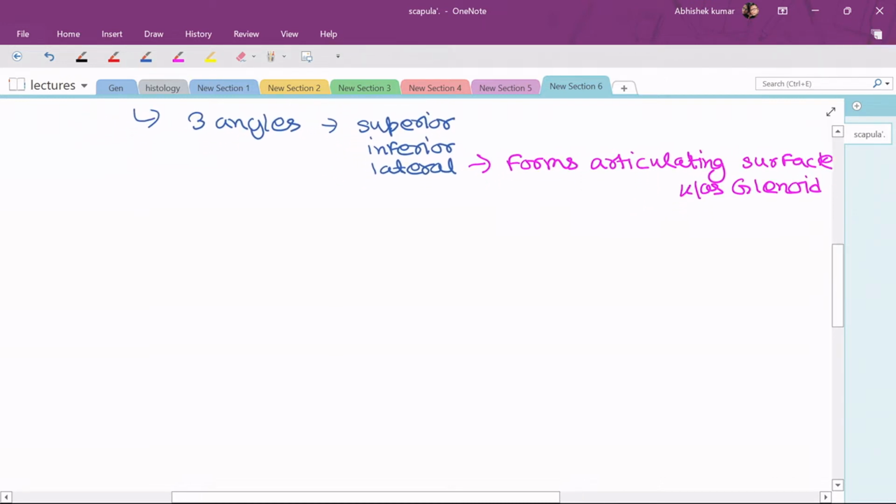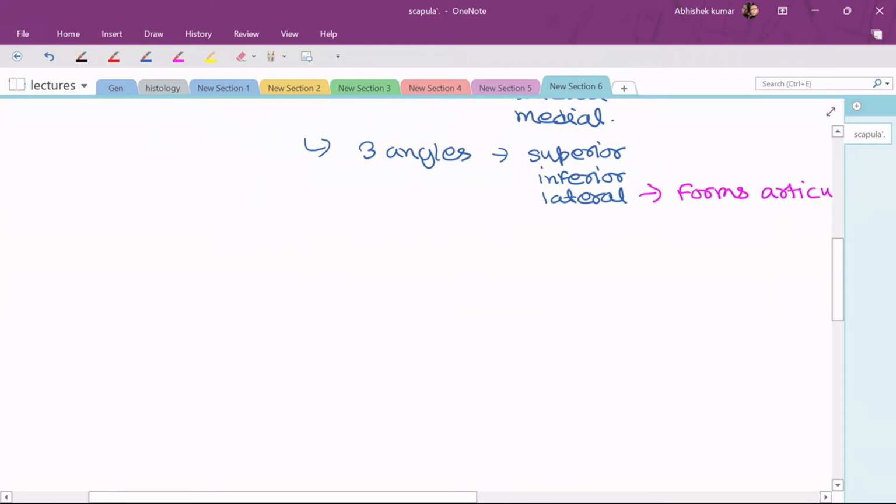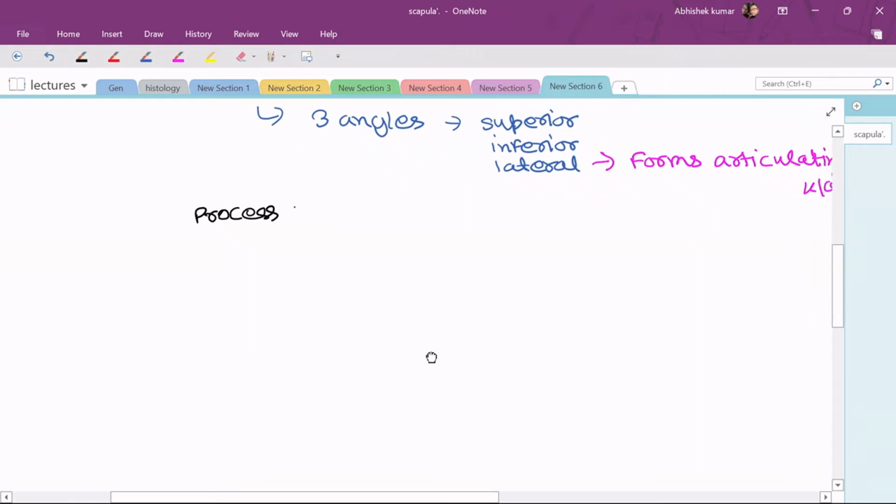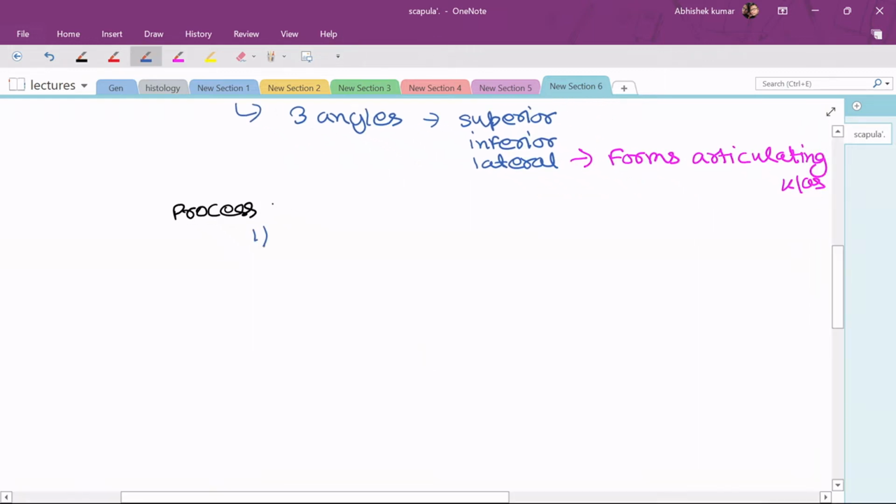Now, there are three processes in the scapula. What are these processes we are going to see? Just remember, I will show you in the diagram. First is your spinous process. Second is your acromion process.